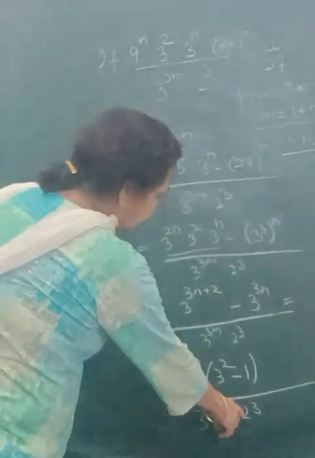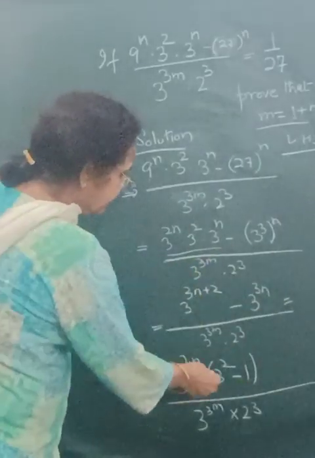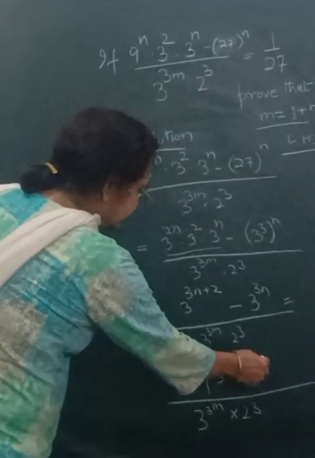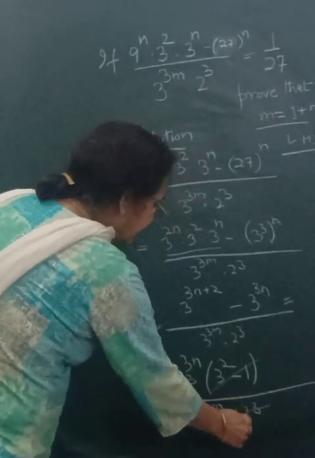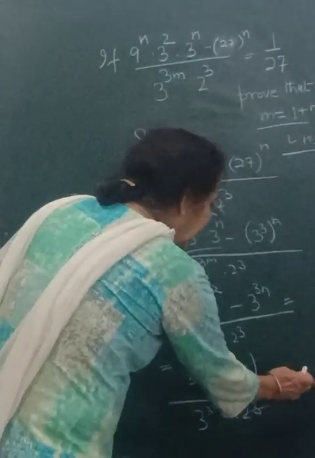Now 2 to the power 3 is equal to 8. 2 1s are 2, 2 2s are 4, 2 4s are 8. And this is 9 minus 1, this is 8. It means this 8 gets cancelled with this 8. We will simply get 3 to the power n.